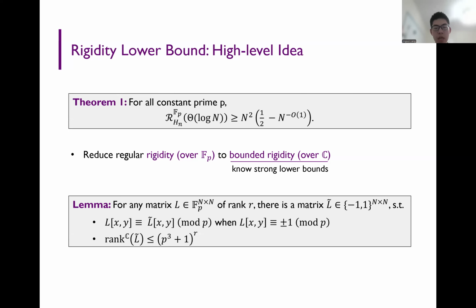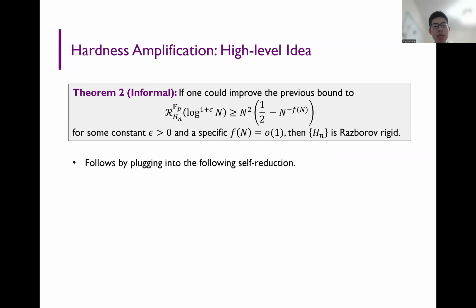This reduction allows us to port bounded rigidity lower bounds to the standard setting, achieving bounds that match the bounded case, something not known before over finite fields. Our second result relies on a self-reduction.